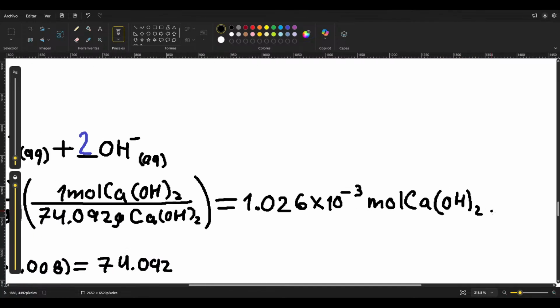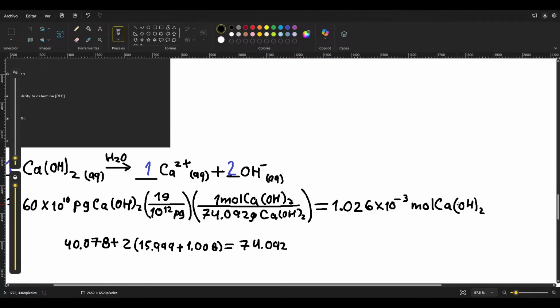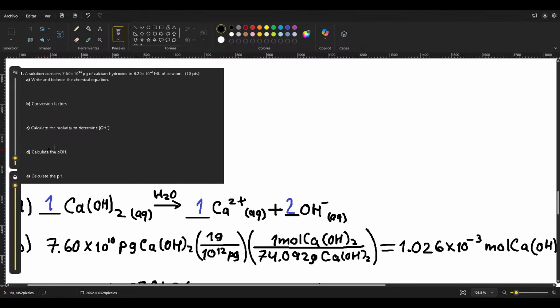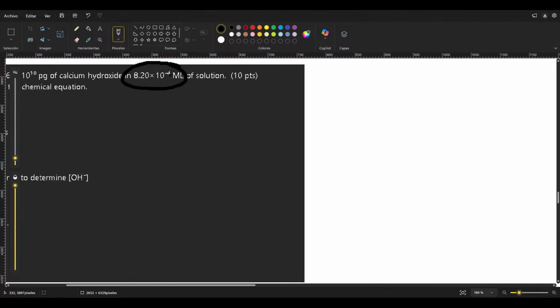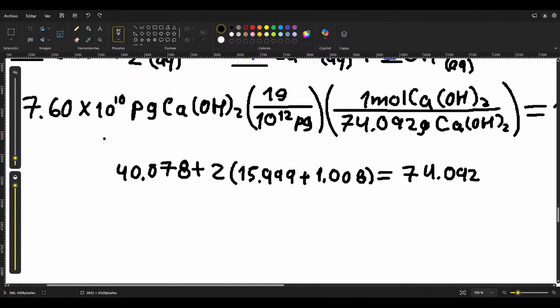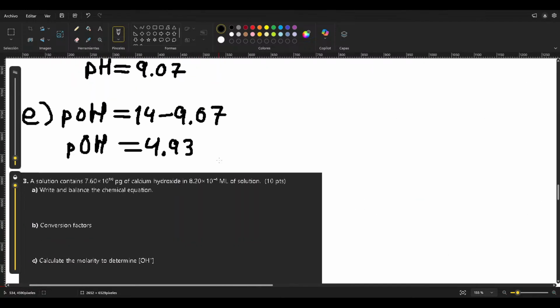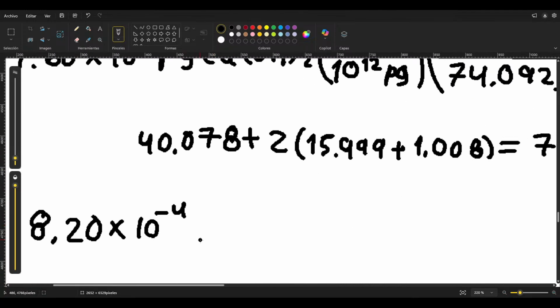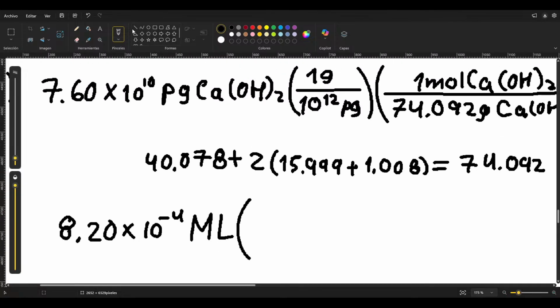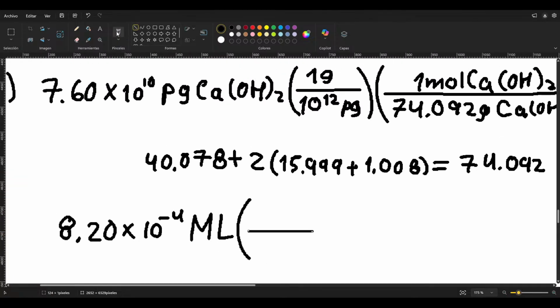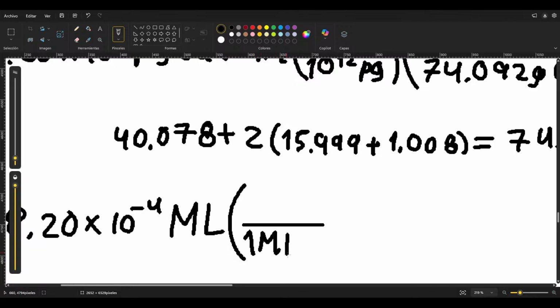Ok. Basically we already have the moles. And after that, we're gonna convert this to liters, specifically megaliters of solution. So 1 megaliter is 10 to the 6 liters.